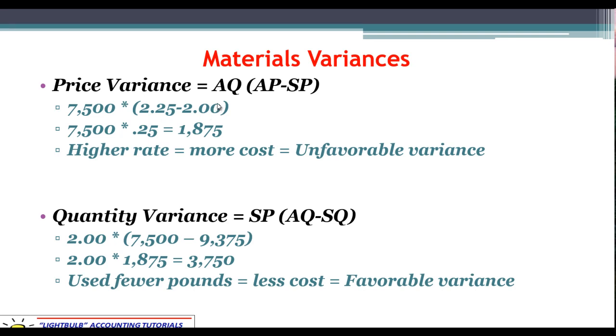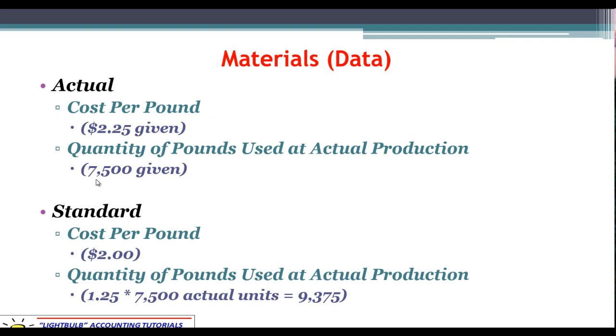We have to multiply by the actual quantity of materials used, which was given to us. Now, keep in mind, it's just coincidental that this quantity also matches the total number of units produced. It's just because it was 1 pound per unit. But what we need is the actual quantity of pounds per material.